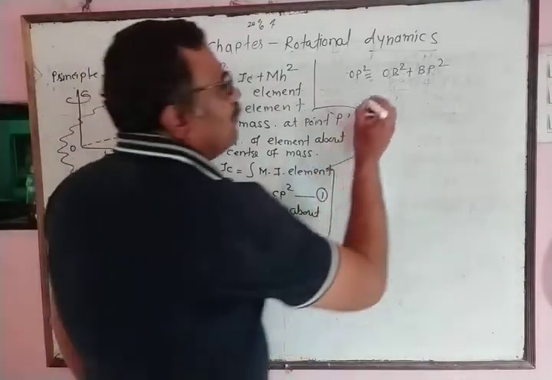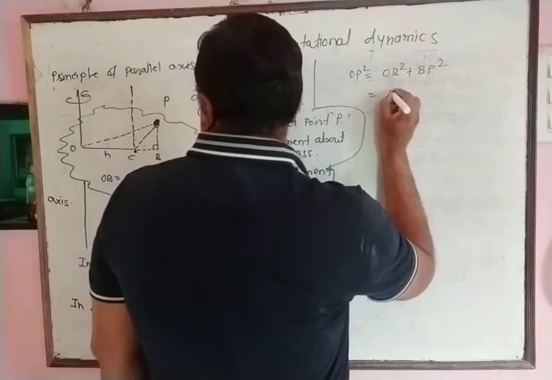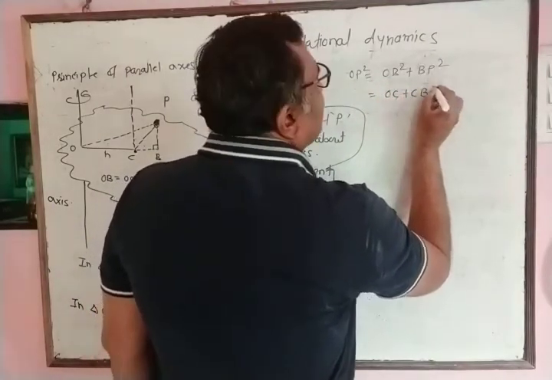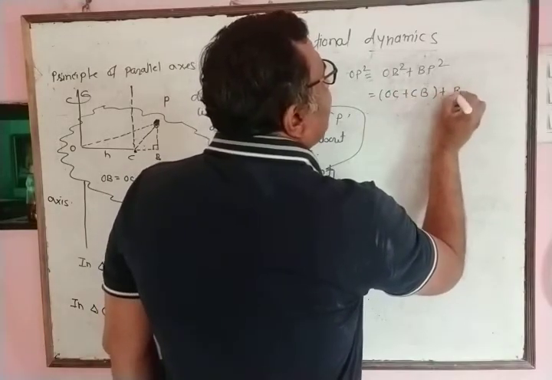Therefore, OB square means distance OC plus distance CB, whole square, plus BP square.